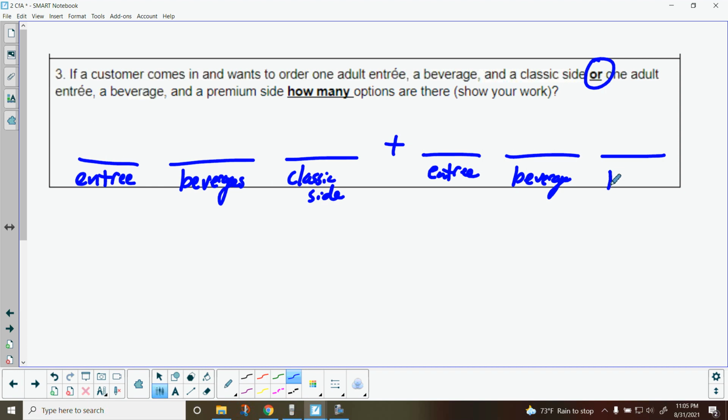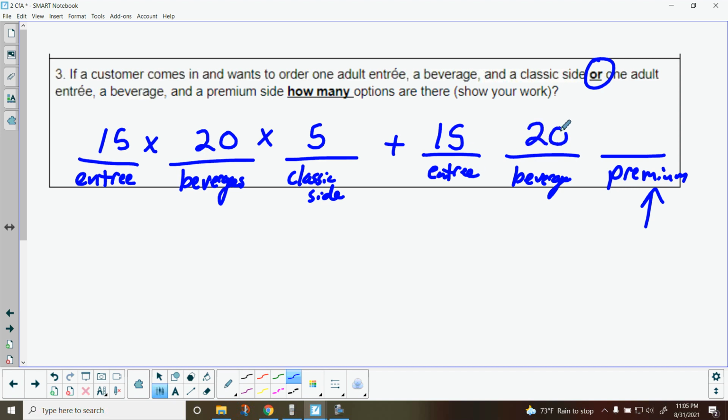We're going to have to go back and count this one. But we know the entree. We know it's 15. We know the beverages were 20. And we know the classic sides were 5. And these are being multiplied. We know this one, entree, beverage, and then the premium. Let's go back and count those.